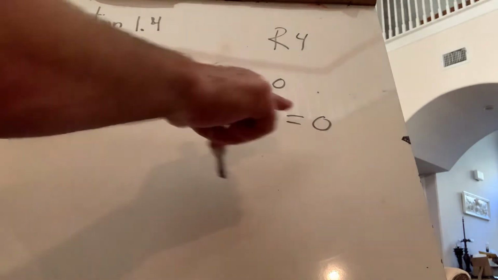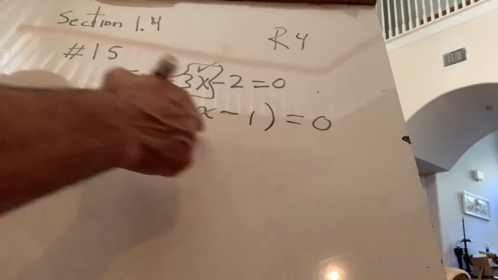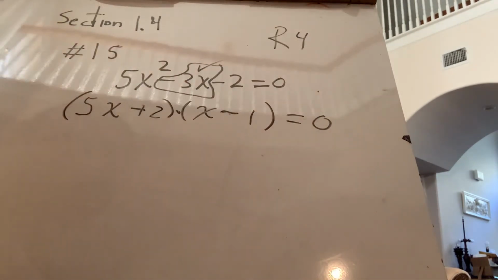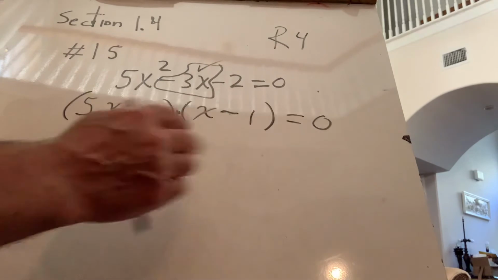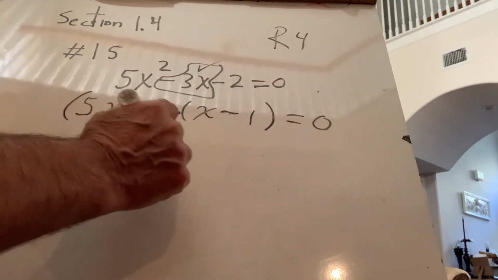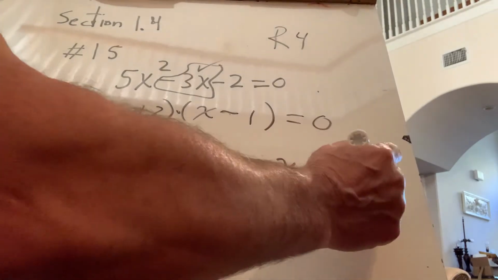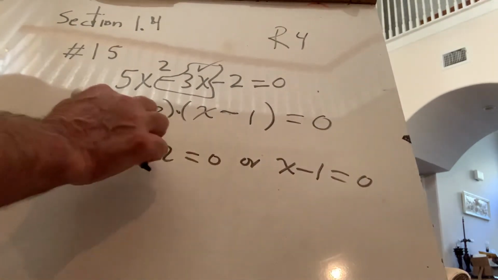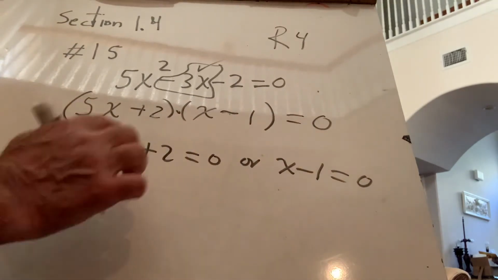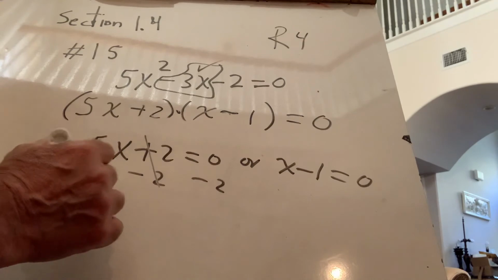Once you have the right factors, you have 0 on one side. Look over here, we have a product of two factors equal to 0. What the zero factor property says is whenever that happens, one of those factors must be 0. So we're going to set either 5x plus 2 equals 0 or x minus 1 equals 0. Now we have two linear, first degree equations. We're going to solve by isolating the x. We can first subtract 2 from both sides to remove the 2.